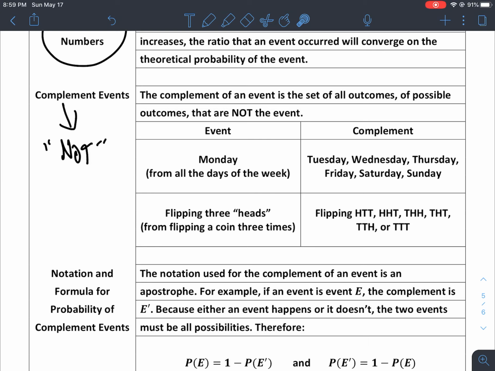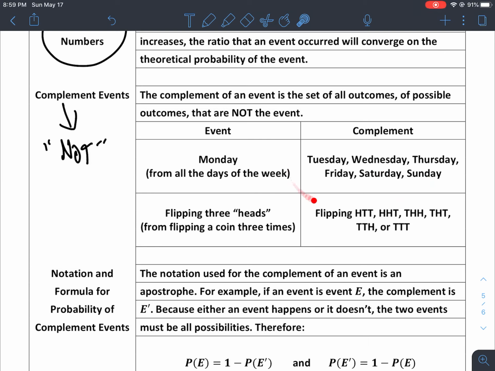The complement of that is it not being Monday. So if Monday is here, not Monday is all of this. Tuesday's not Monday. Wednesday's not Monday. Thursday's not Monday. Friday's not Monday. Saturday's also not Monday. And Sunday's not Monday.